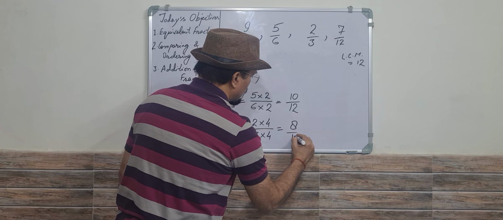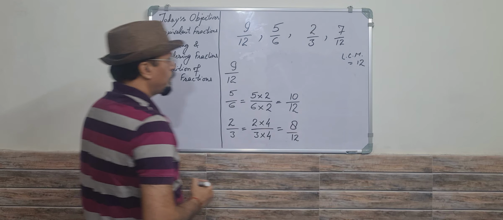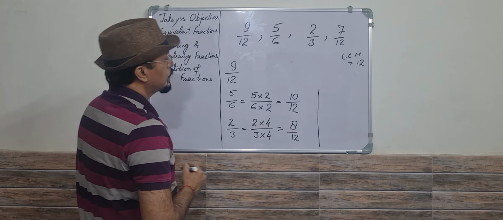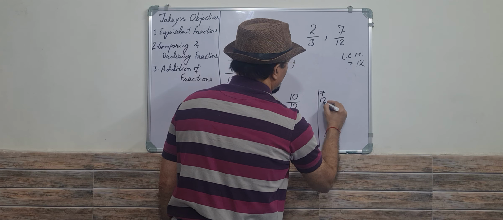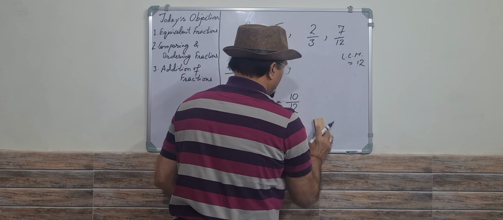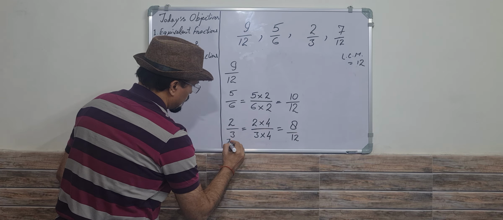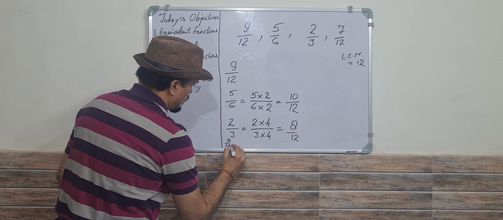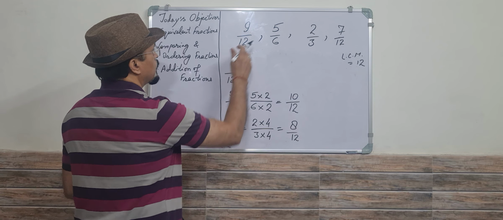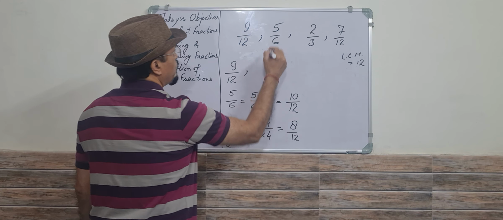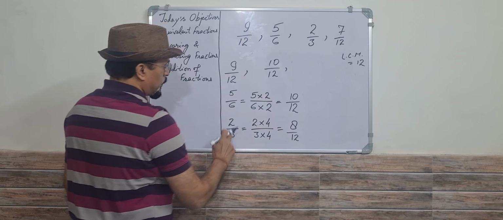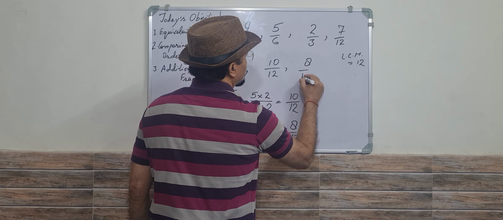So 8 upon 12. And the fourth fraction is 7 by 12, so it is the same. No need to multiply it by anything. So I now have 4 fractions. 9 by 12 will remain the same. 5 by 6 will become 10 by 12. 2 by 3 will become 8 by 12.